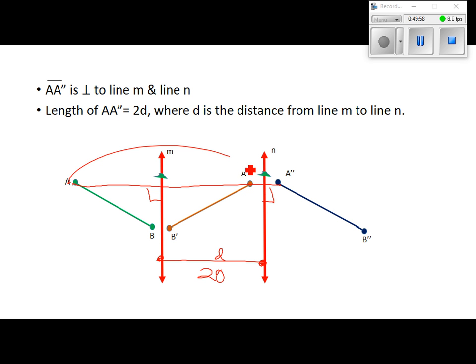So how long is it from A to A double prime? Should be 40. Should be double that. What if I told you the distance from A to A double prime was 100? Then this distance down here should be 50 between the two parallel lines. It's not really hard, it's just confusing. All right?